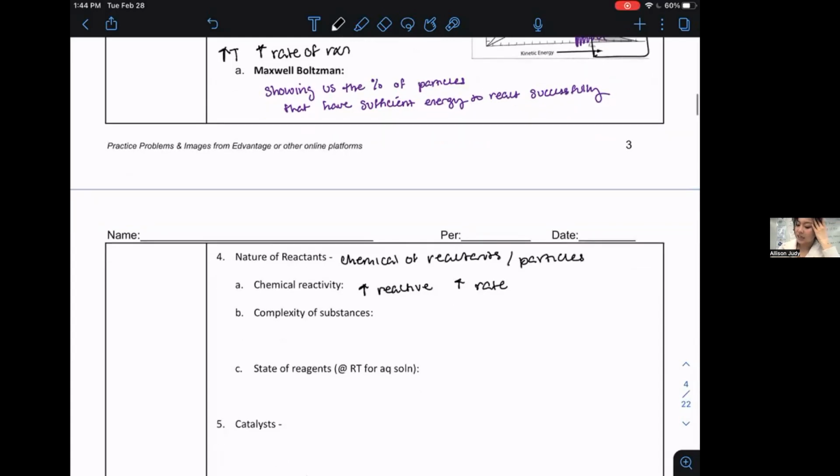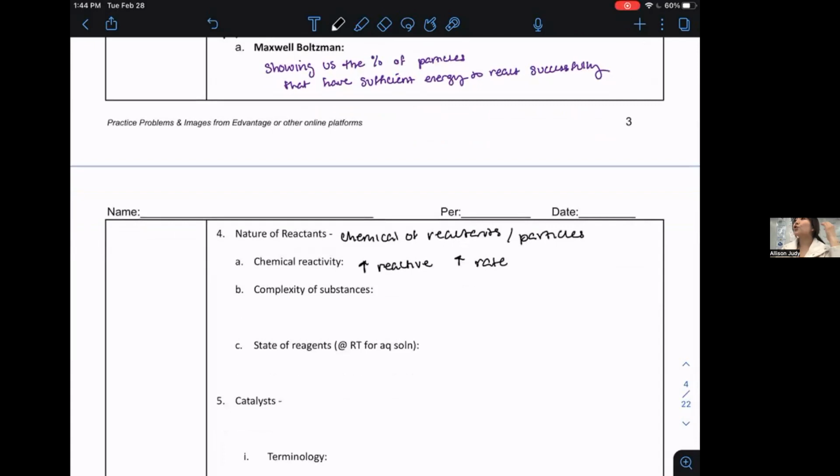Also complexity of the substance. If you're trying to merge a very complex substance and break it down with another substance, and you're trying to break those bonds sufficiently, you would expect that with increased complexity, a larger molecule with more atoms involved, your rate of reaction would actually decrease.